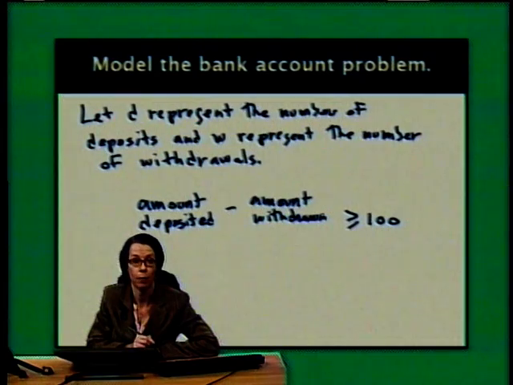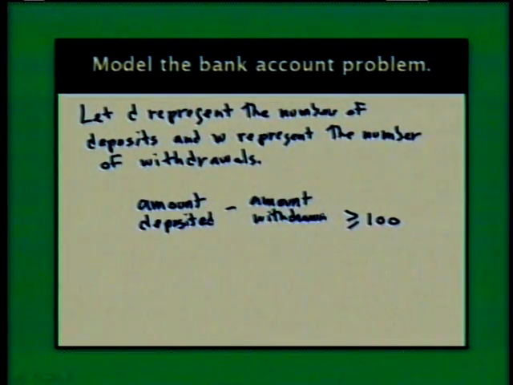So now let's think about how we can use algebra to model the amount deposited and the amount withdrawn. If we make D deposits and each deposit is $400, then the amount deposited is 400D. And if we make W withdrawals, and each time we are withdrawing $50, then we are going to be subtracting from that 50W.